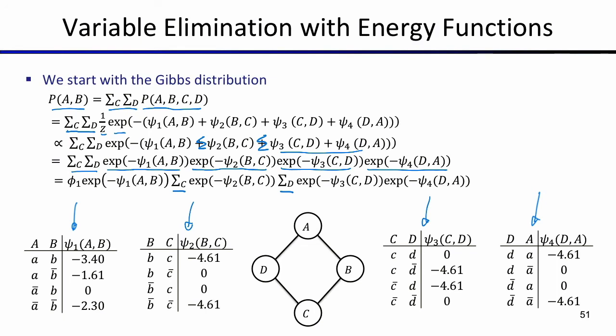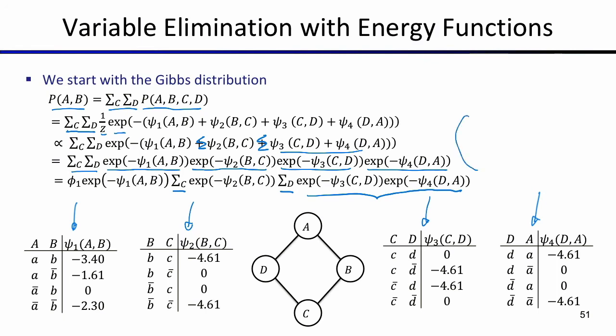Just one small detail here is that when we have this multiplication over two factors that mention variable D, before we eliminate the variable D, we could have what we had before.